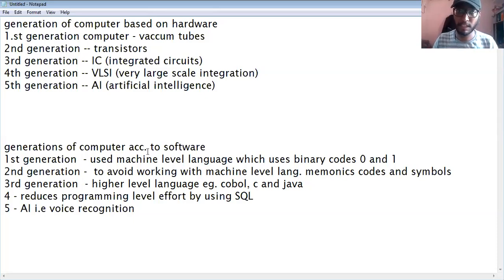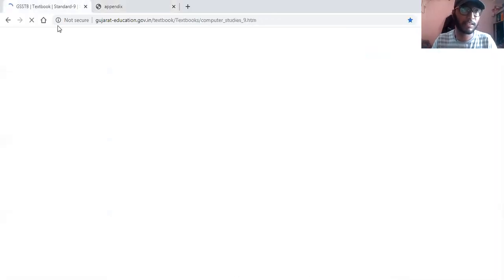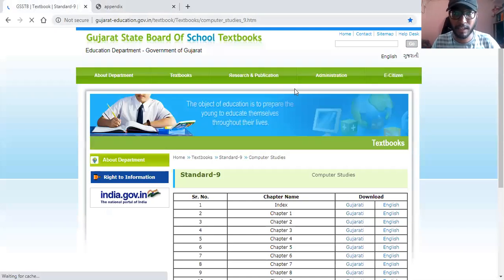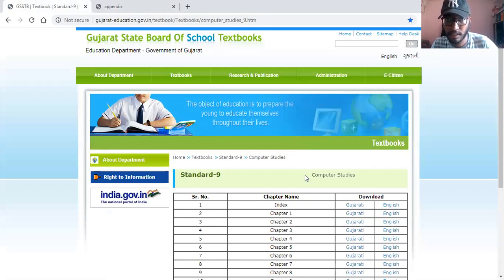One of the best examples I can show you is how a website is prepared. Go to any website. Right click and inspect.